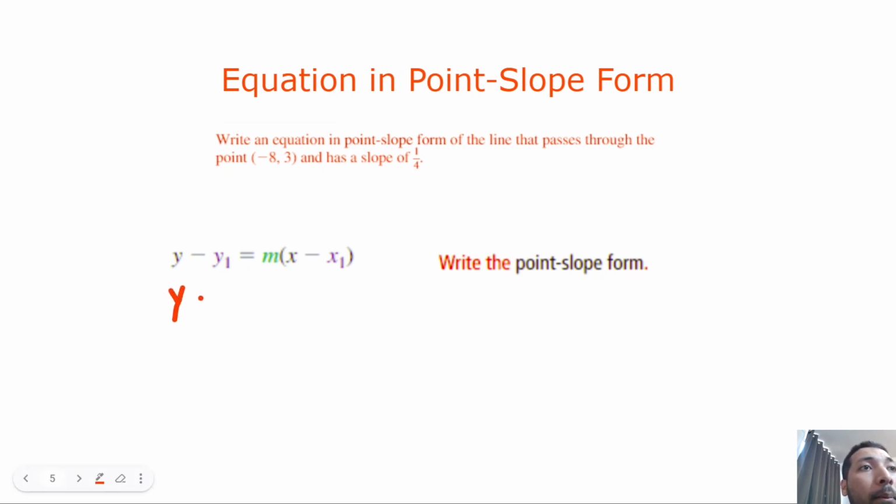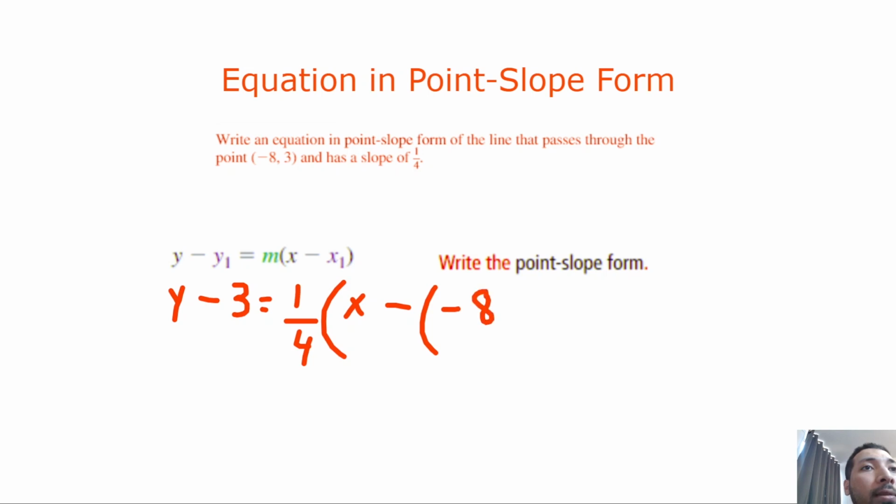We have y minus y1, where y1 is 3. Our slope is 1/4, and the x1 is -8. So whenever we need to find the point-slope form, we simply keep this structure over here. We don't need to isolate this y over here.